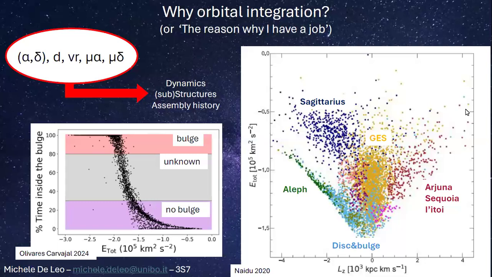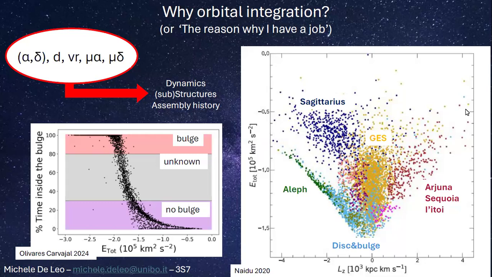So you take the phase space information, positions and velocities of observed tracers. It can be stars, globular clusters, anything that orbits. And then you derive their orbital history, and you can use it to study the dynamics, the structures and substructures that are in our local universe, in our Milky Way, for example.